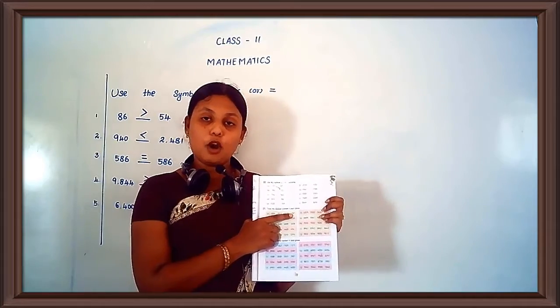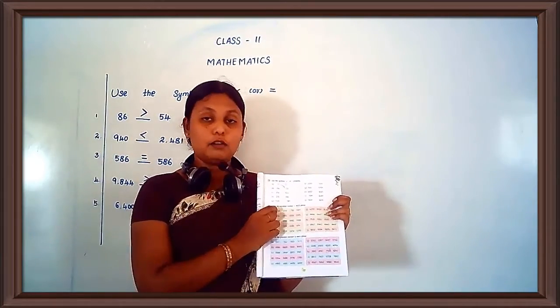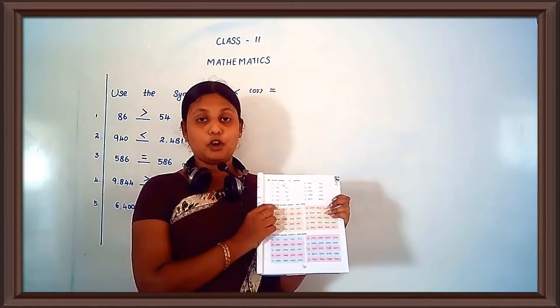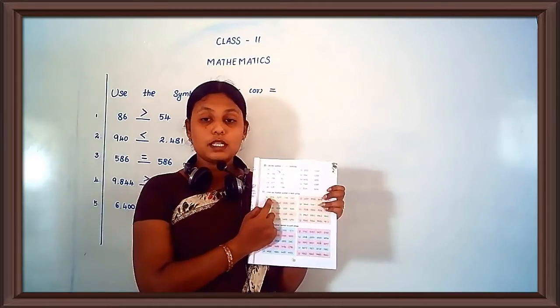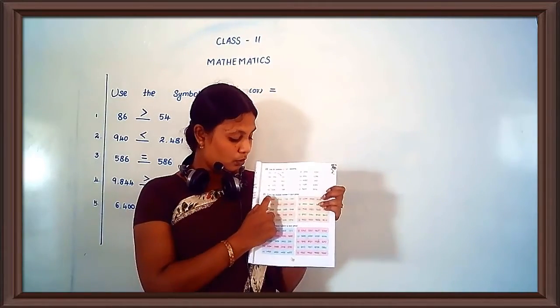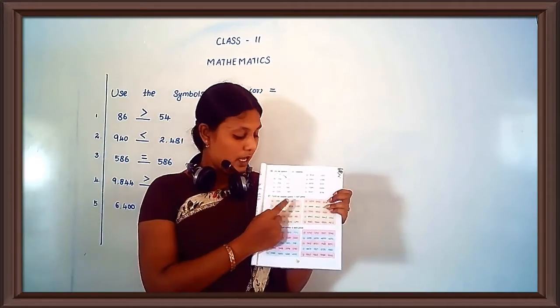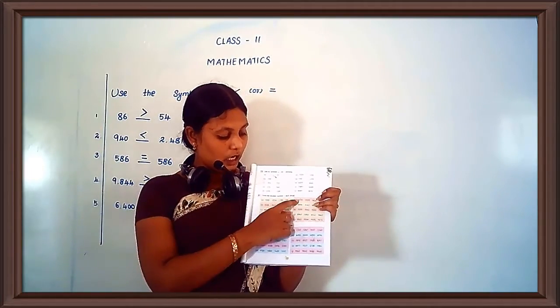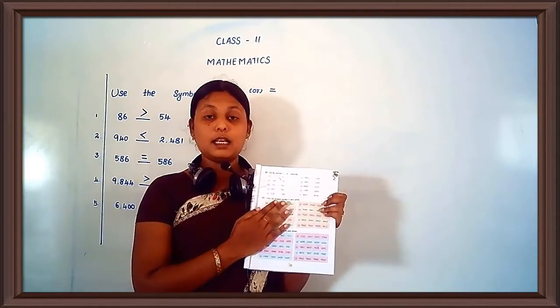Which is smallest? 1000 is the smallest number, so we put one small circle on 1000. Then B, C, D, E, F, G, you do yourself.